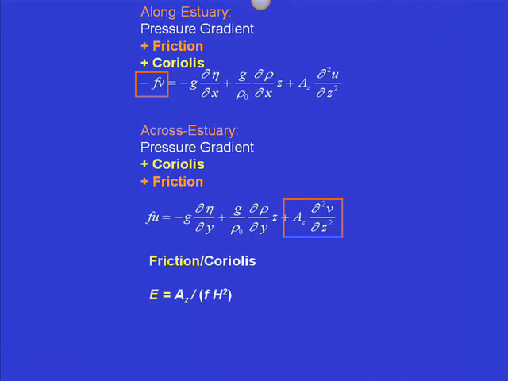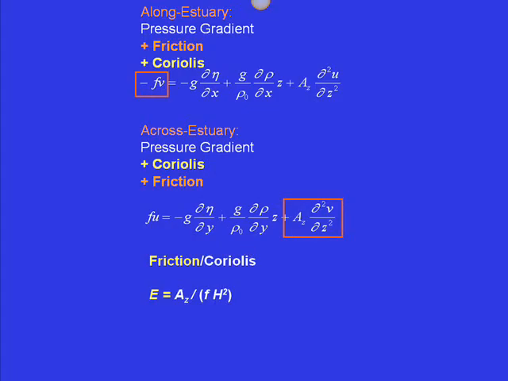If you block out, in the across estuary momentum balance, this frictional term, there's no V flow here. And if the along estuary dynamics is between pressure gradient and friction, if you block this out, there's no V flow. So there are no lateral flows under that framework.